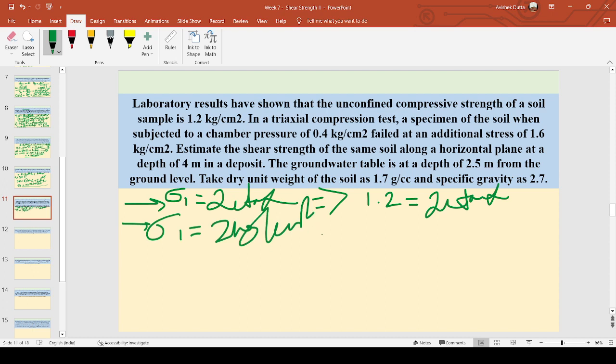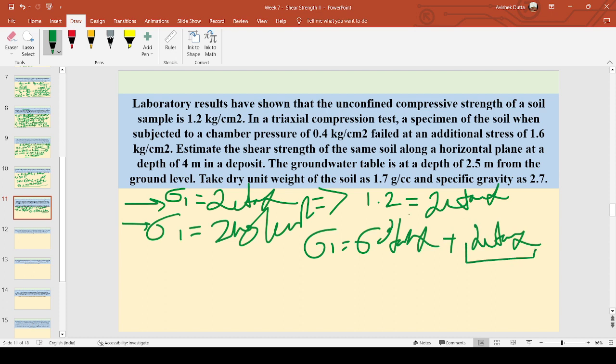Now, in triaxial testing, sigma 1 equals sigma 3 tan square alpha plus 2c tan alpha. Now, the 2c tan alpha value we already know, that is equal to 1.2. And the value of sigma 1 we know. From here, we can find the value of alpha, because sigma 3 also we know. Sigma 3 is 0.4.